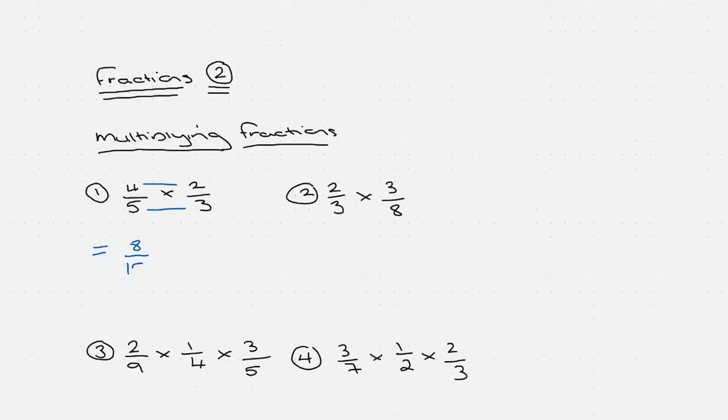We then check whether it simplifies. 8/15 doesn't simplify. It's not top heavy, so we can't make it a mixed number. So we are done. What I want you to do is now pause the video and try the next one.